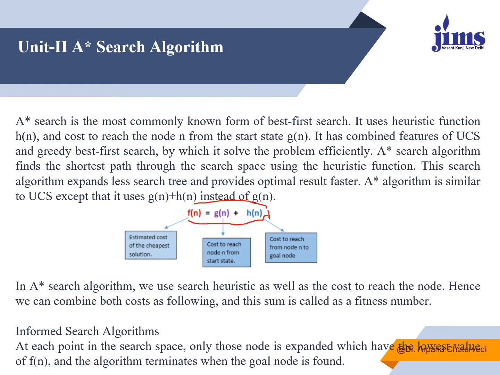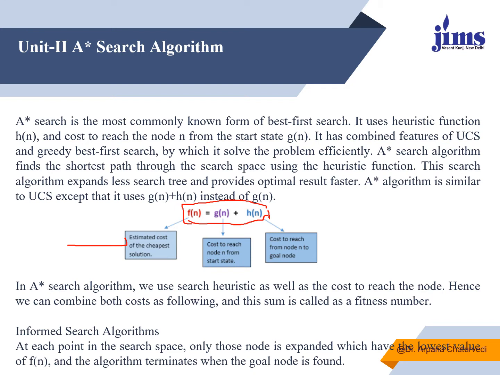For every node you have to calculate f(n) = g(n) + h(n), wherein f(n) is the estimated cost of the cheapest solution, g(n) is the cost to reach node n from the start state, whereas h(n) is the cost to reach from that node to the goal node.